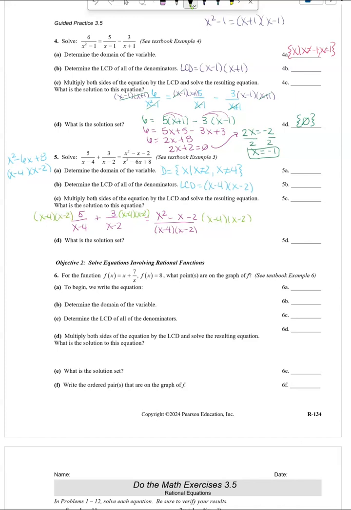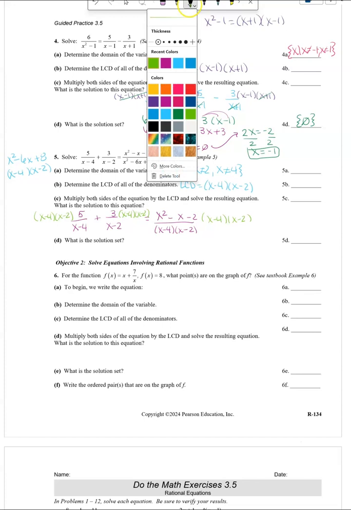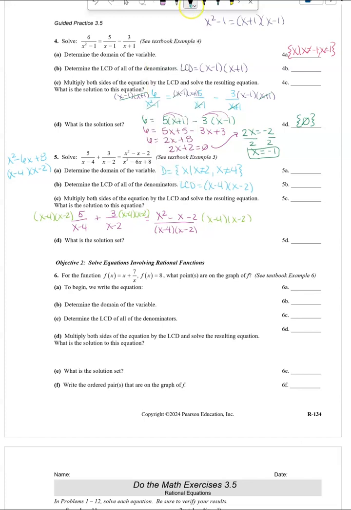Okay. Now we cancel. So our x minus 4's cancel, our x minus 2's cancel, and this whole thing cancels. So that's just going to leave us 5 times x minus 2 plus 3 times x minus 4 equals x squared minus x minus 2.